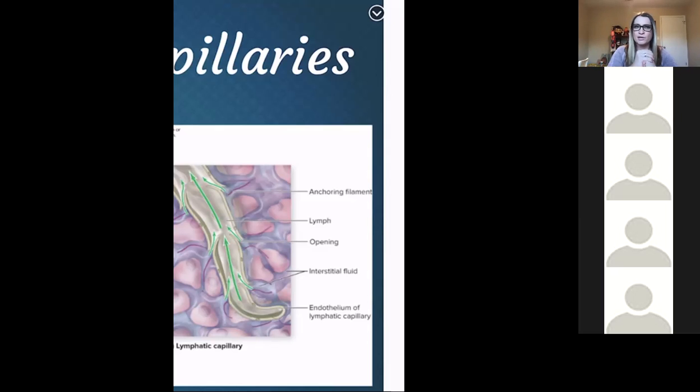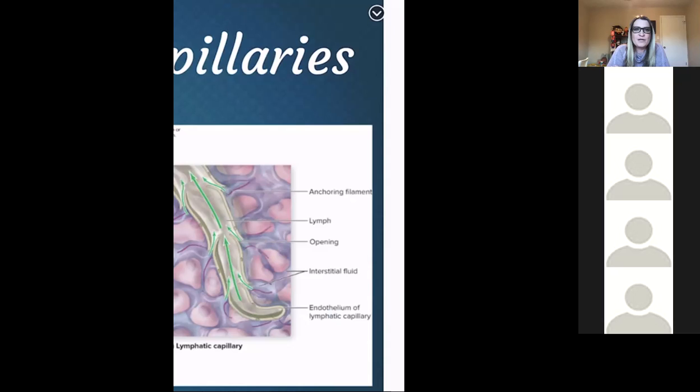I don't have the number for that, but it has to be lower, because you can only move the fluid down the pressure gradient. So as the pressure increases of the fluid in that area, it pushes those overlapping cells kind of open, and fluid can go inside these capillaries, as you can see in the B picture, the lymphatic capillary.